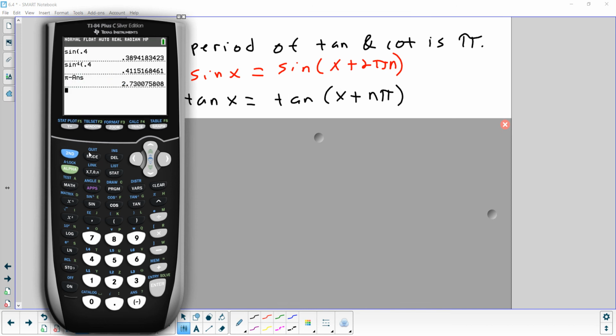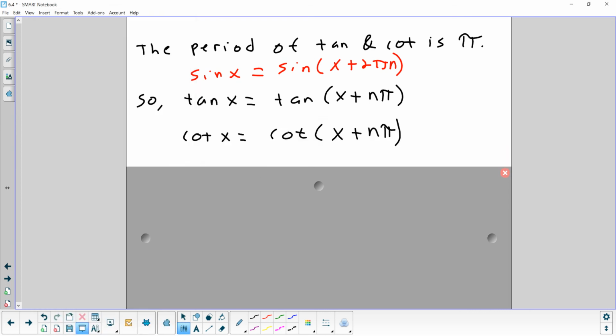An example with a number, sine of 5. Sine of 5 plus 2 pi. Same thing, sine of 5 plus 4 pi. You're getting the exact same answer, just in different cycles. Well, that's what these two properties are saying here about tangent and cotangent.